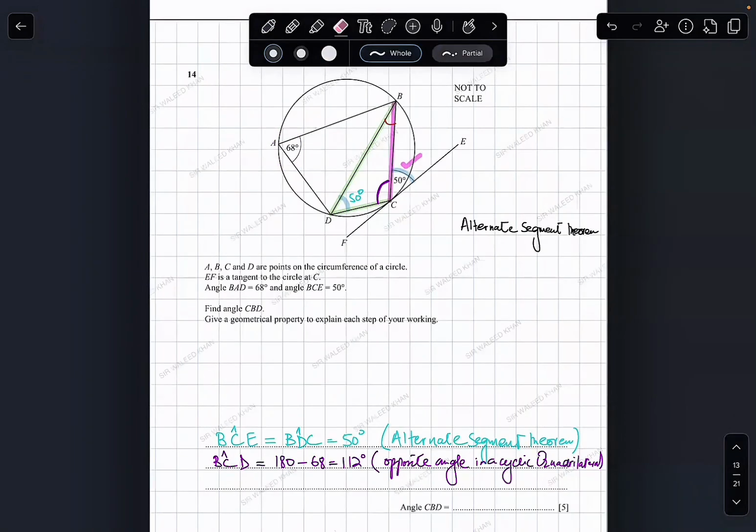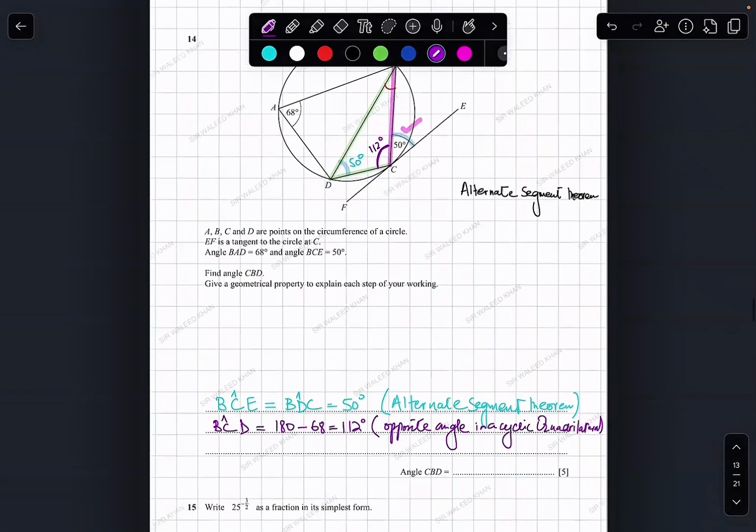Now that you have these two angles in a triangle, you can see this triangle BCD. We can find the third angle. That is CBD is equal to 180 minus 50 and 112.